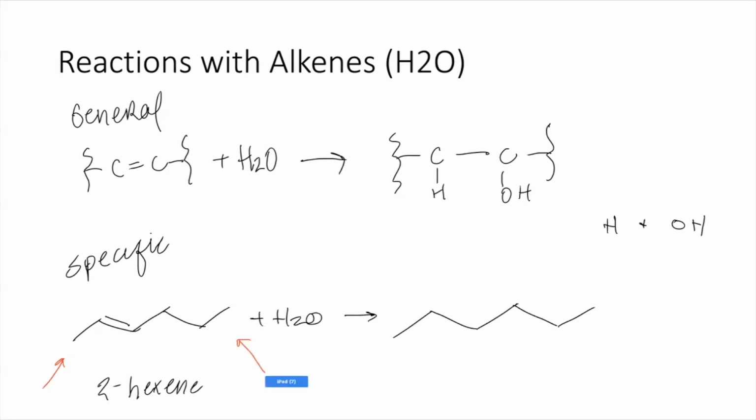But anytime the alkene bond is in the middle, we employ this rule called Markovnikov's rule. And it's kind of simplified by the saying, the rich get richer and the poor get poorer.